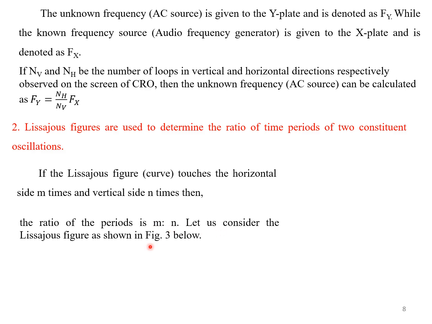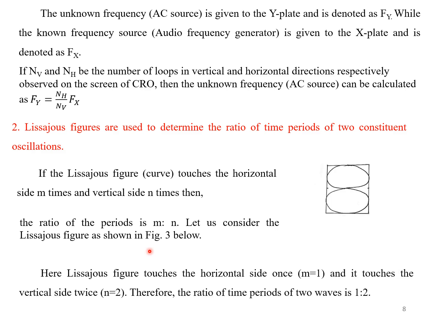Consider the Lissajous figure as shown in the figure. Here the Lissajous figure touches the horizontal side once, that is m is equal to 1, and it touches the vertical side twice, n is equal to 2. Therefore, the ratio of time periods of the two waves is 1 to 2.